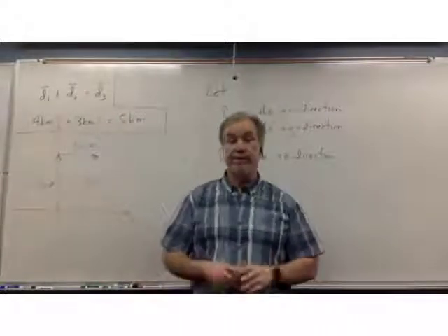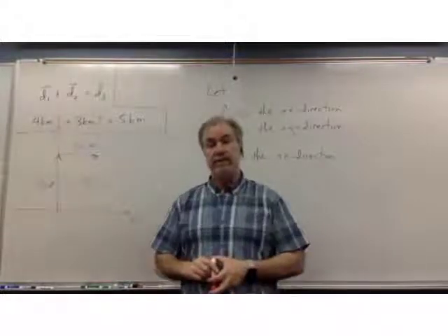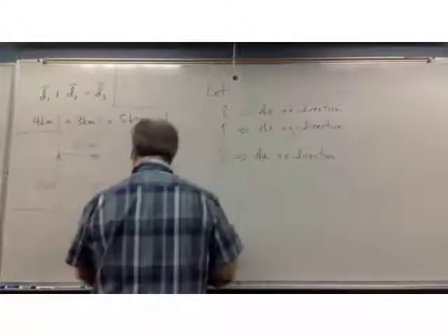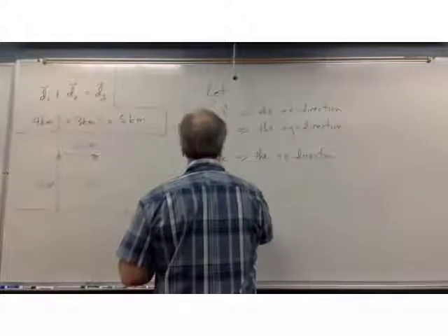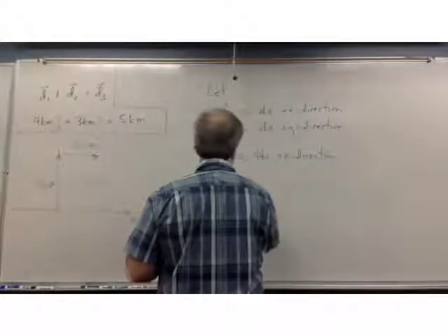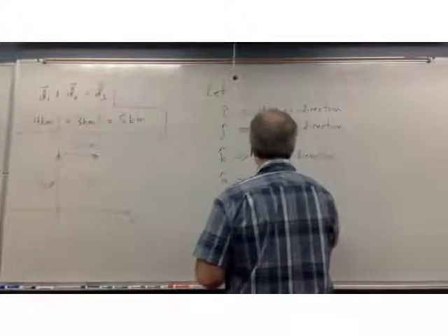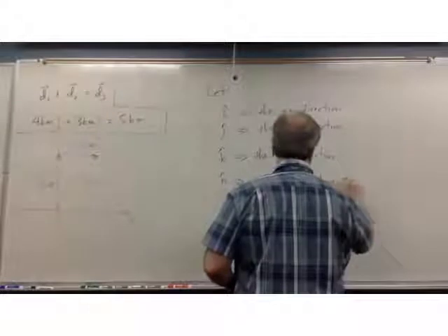And as for the 5-kilometer vector, as you see, it doesn't point in either the x or the y direction, or the z direction either. And so I'm going to give it a similar symbol. I'm going to use n hat, which implies any other direction.